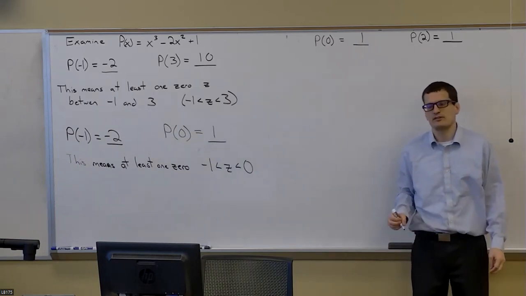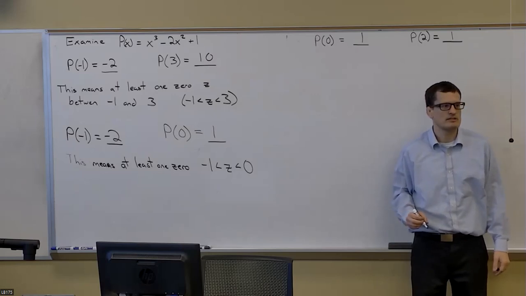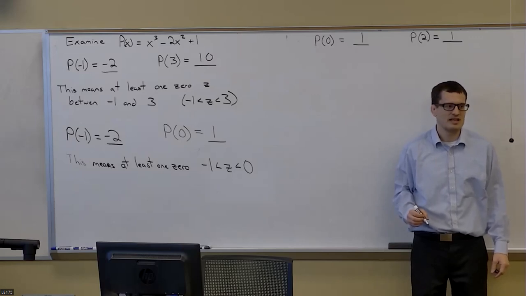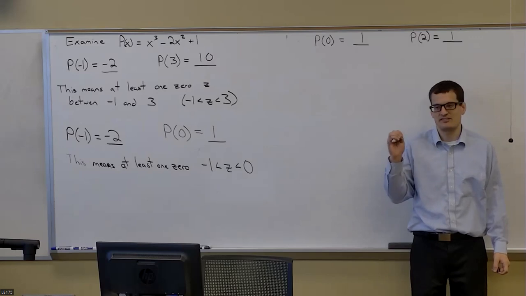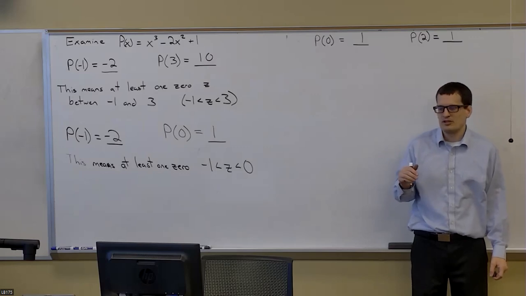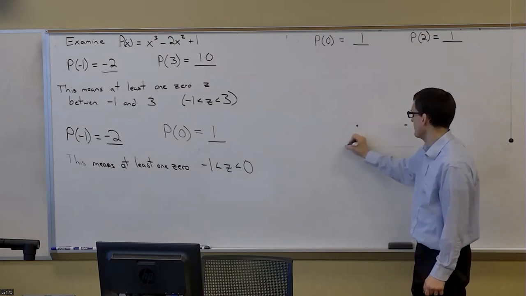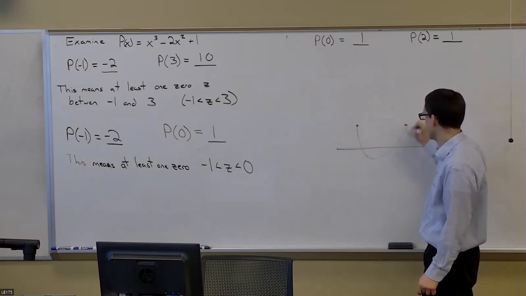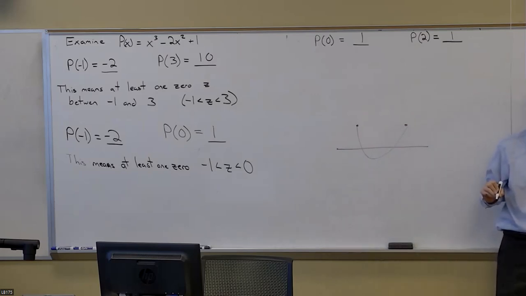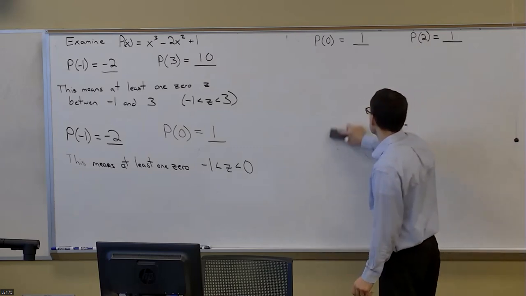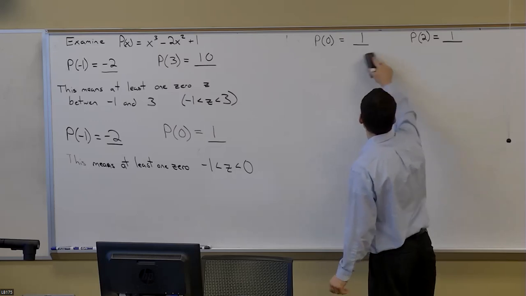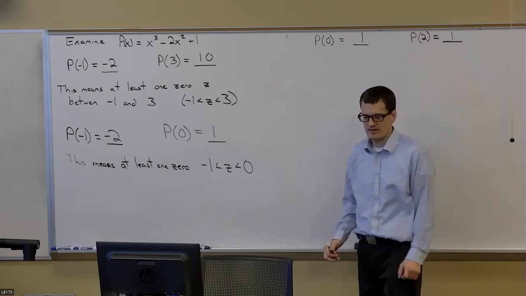Does this guarantee that there's no x-intercepts between 0 and 2? No. This actually guarantees at least 0 x-intercepts. Does that make sense? You still could have 2 points on the same side of the x-axis and do something like that. But we're not guaranteed one.